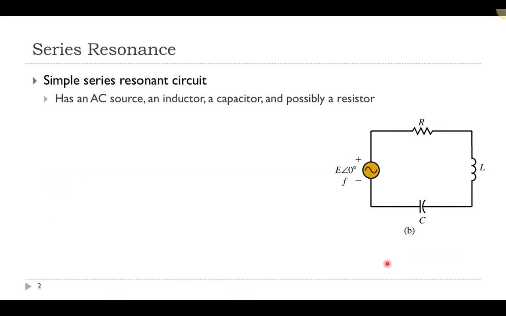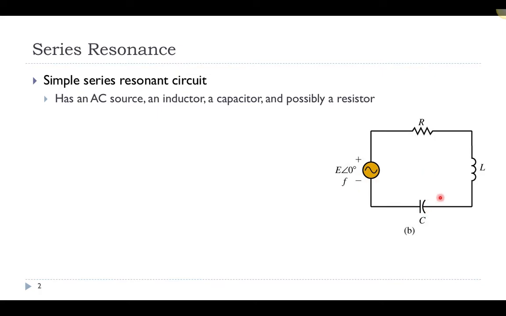In this lecture, we focus on a special type of AC circuit that has what's called resonance in the circuit. And we're going to focus on series resonance for this case. So a very simple series resonant circuit has some type of an AC source, and that source has some frequency associated with it.